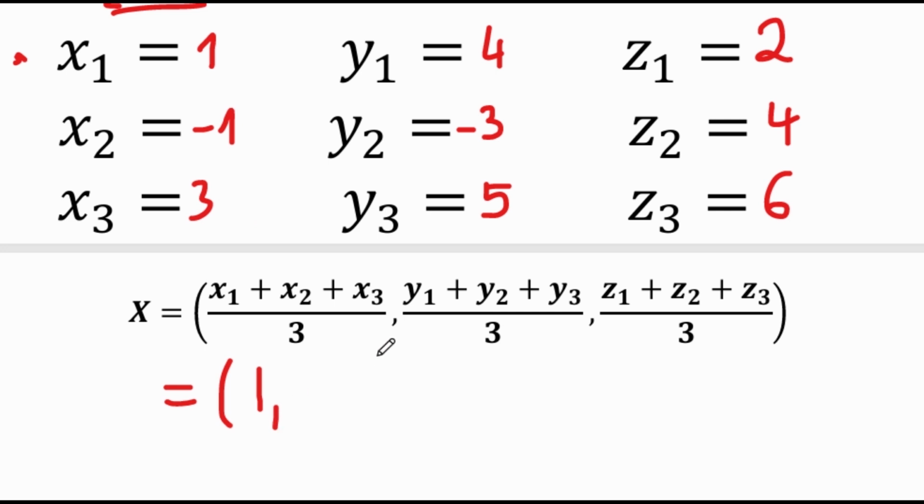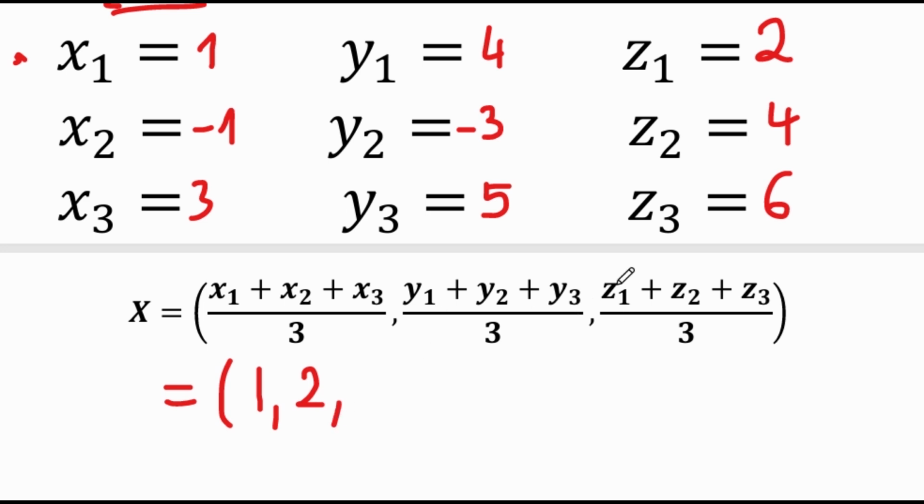We have 1. Then y1 plus y2 plus y3 over 3. y1 equals 4, y2 equals minus 3, and y3 equals 5. And this is 4 plus minus 3 plus 5. This is equal to 6, and 6 over 3 equals 2.